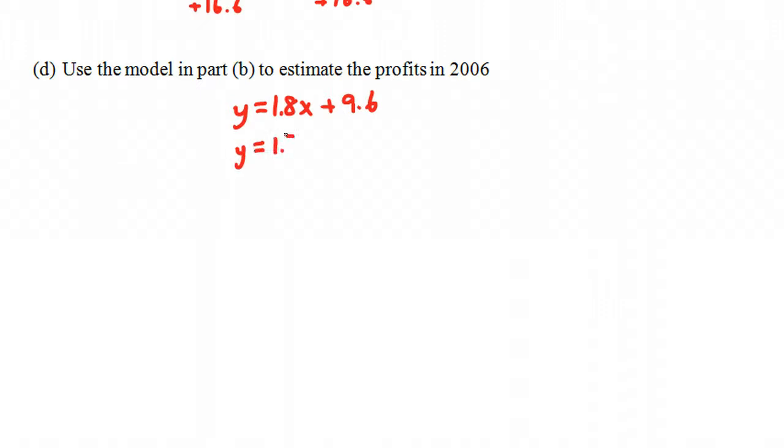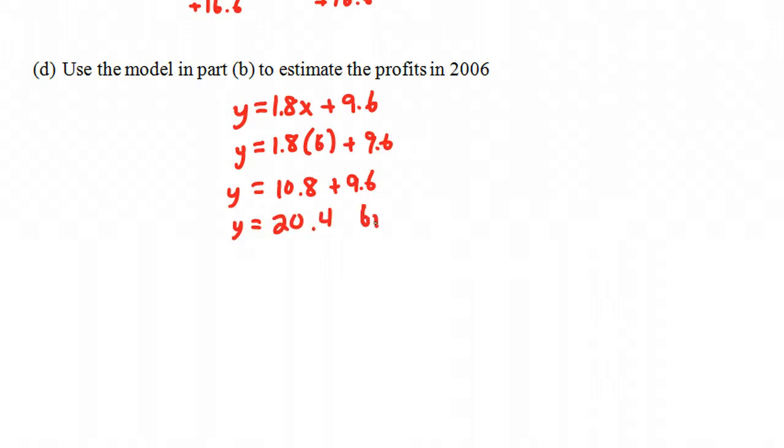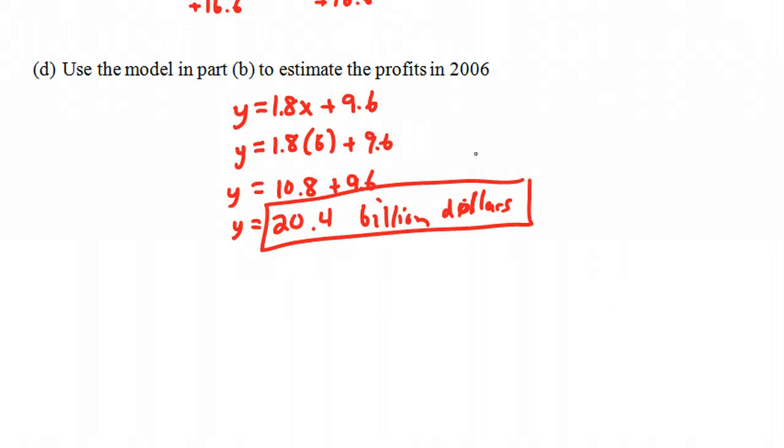So we're going to plug in 6 for x. 1.8 times 6 is 10.8, and so y is equal to 20.4. So $20.4 billion. Based on our model, we would have predicted $20.4 billion profit in 2006.